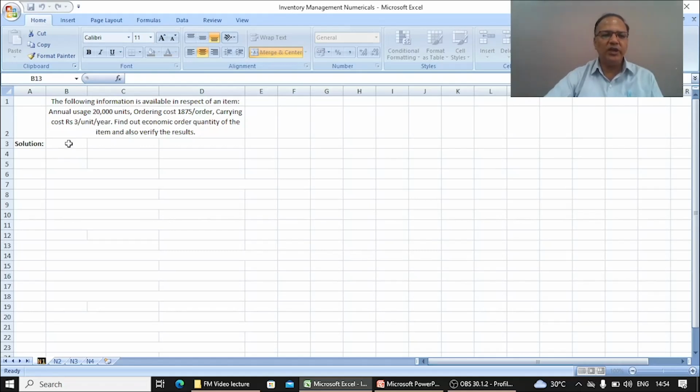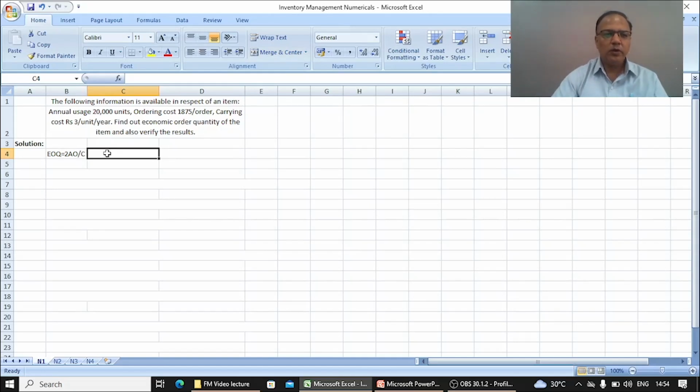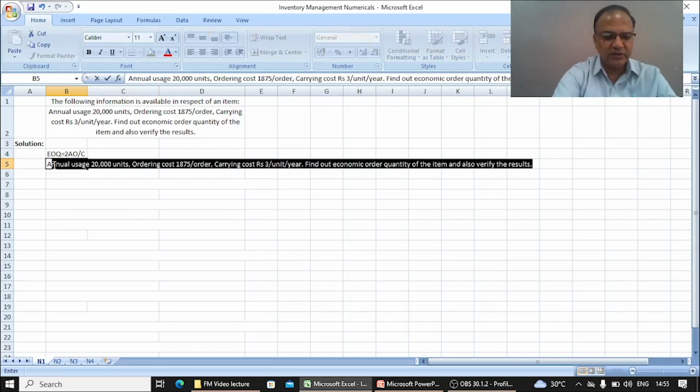So the formula of EOQ is equal to the square root of 2AO divided by C. Here, A means annual consumption.